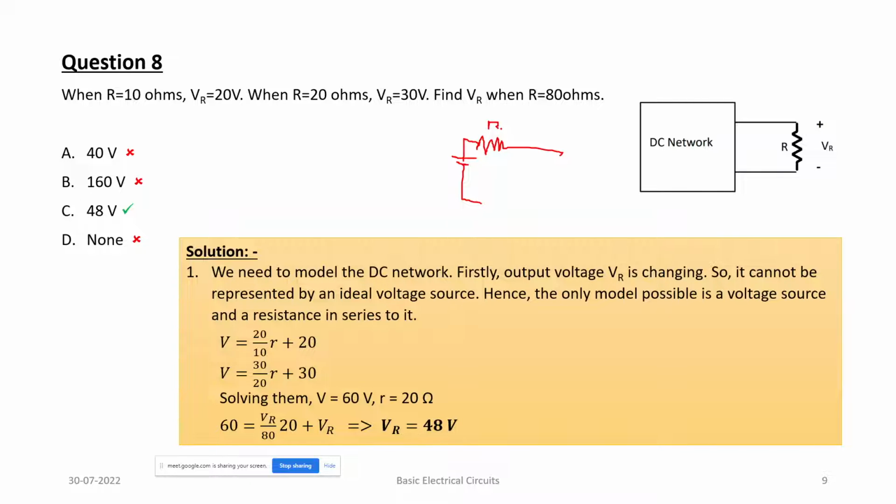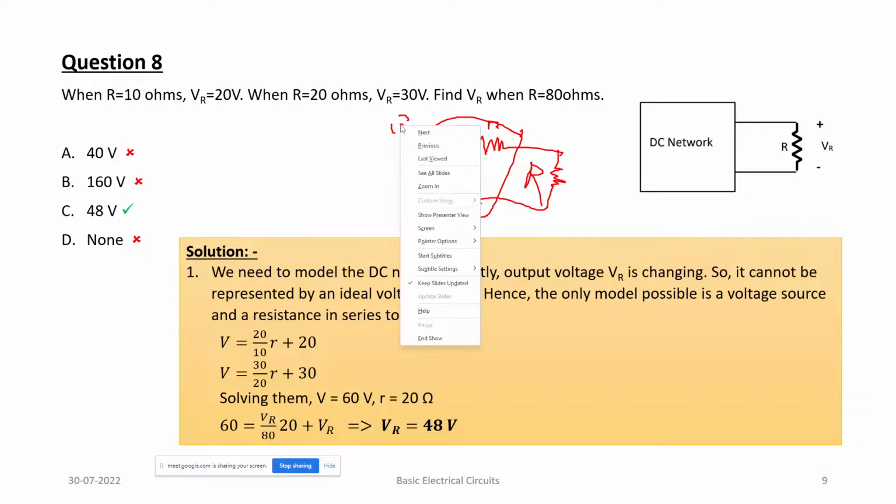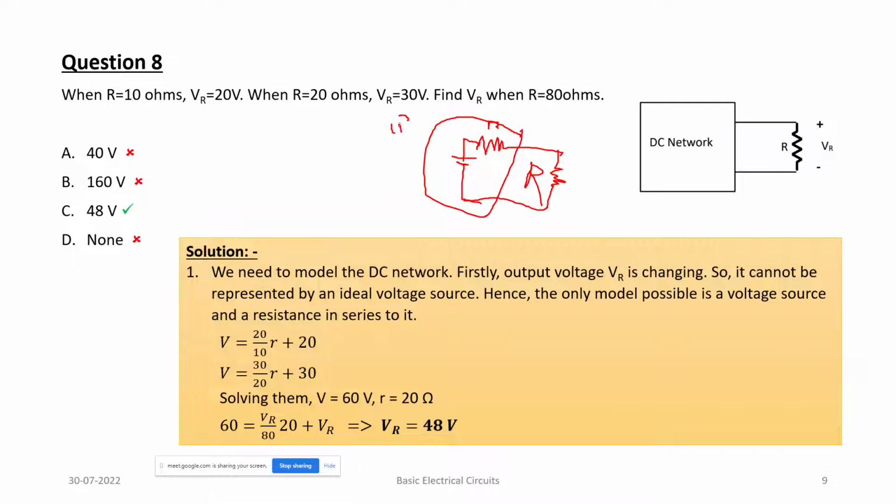This is small r, and this is capital R. So this square part is my DC network. You got it? Yeah, sir, clear, sir. Thank you. Okay.